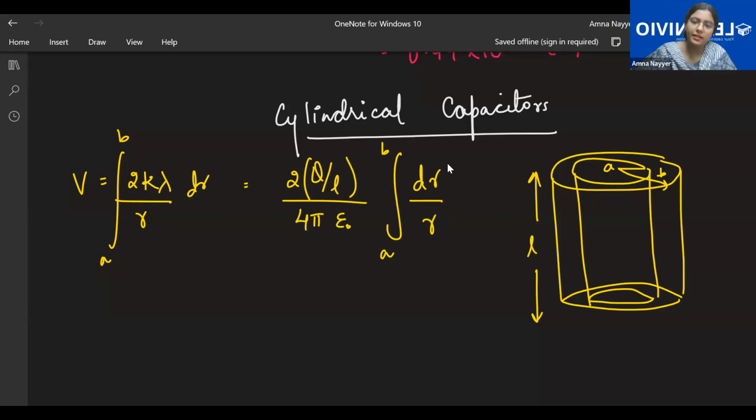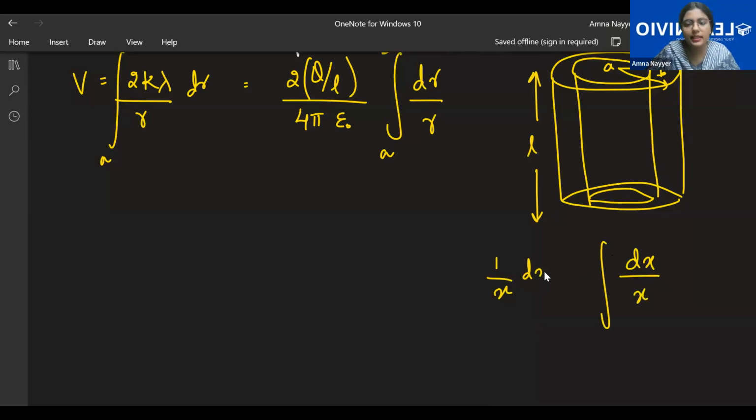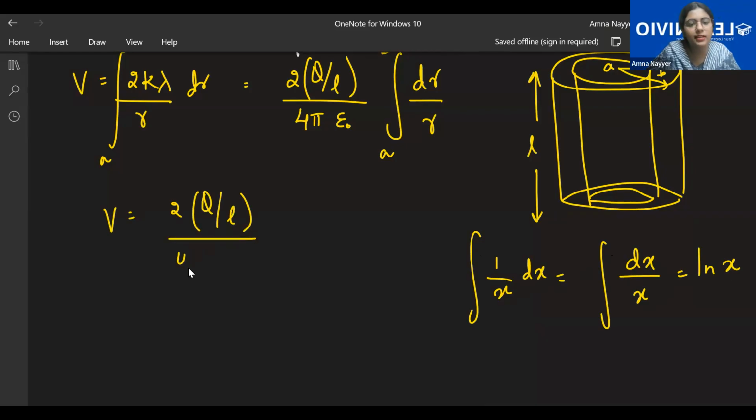Yes, very good. The integral of dx over x, or 1 by x dx, you write as log of x. So the potential will be 2Q divided by the length divided by 4 pi epsilon naught, log of b by a.